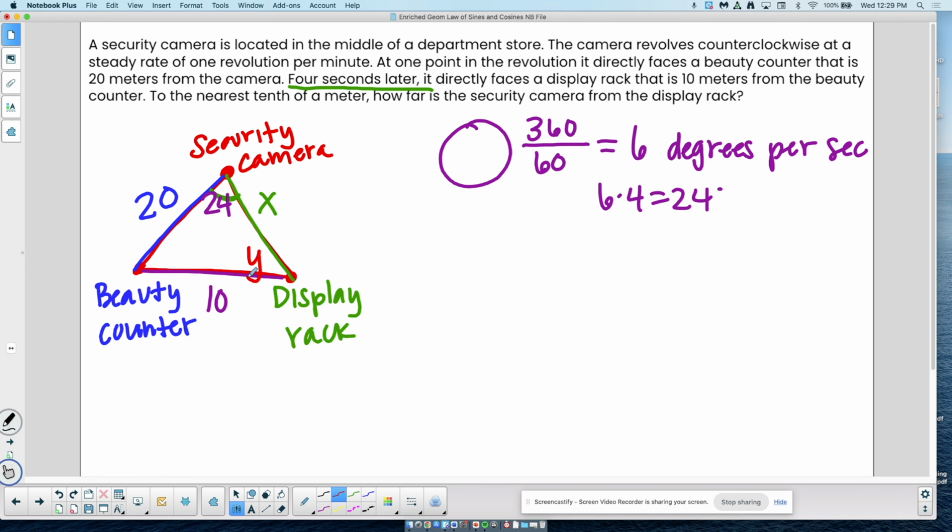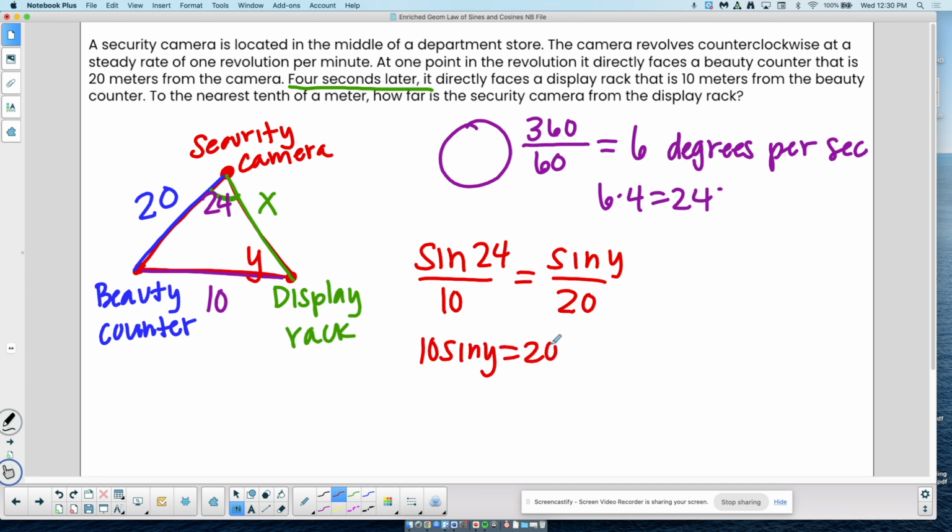So this is just law of sines. So sine of 24 over 10 is equal to sine of y over 20. Cross multiply, we're going to get 10 sine y equals 20 sine 24.